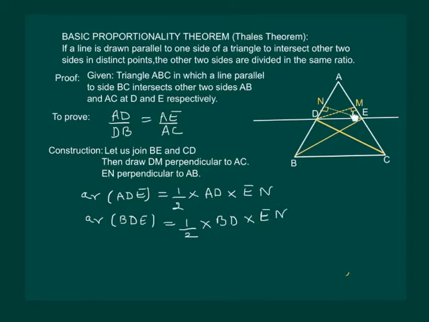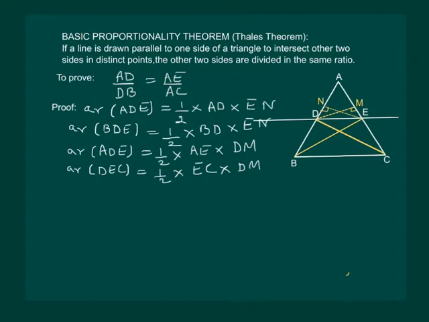Similarly, considering AC as the baseline, area of triangle ADE will be equal to half into base AE into height DM, and area of triangle DEC will be half into EC into DM.